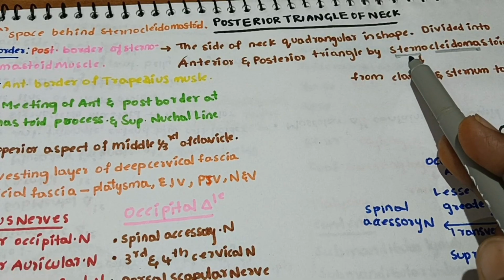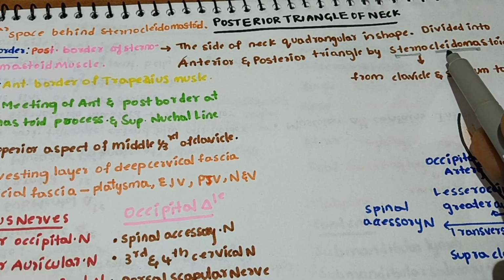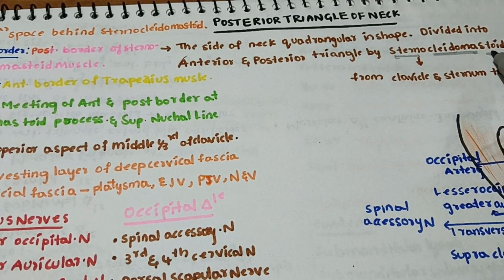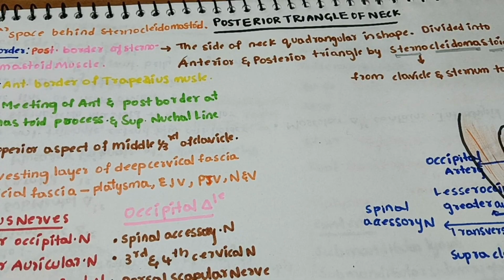So it extends from the sternum and clavicle and inserts at the mastoid process of the temporal bone. So the triangles of the neck are divided into anterior and posterior triangles by the sternocleidomastoid muscle, which extends from the sternum and clavicle to the mastoid process.